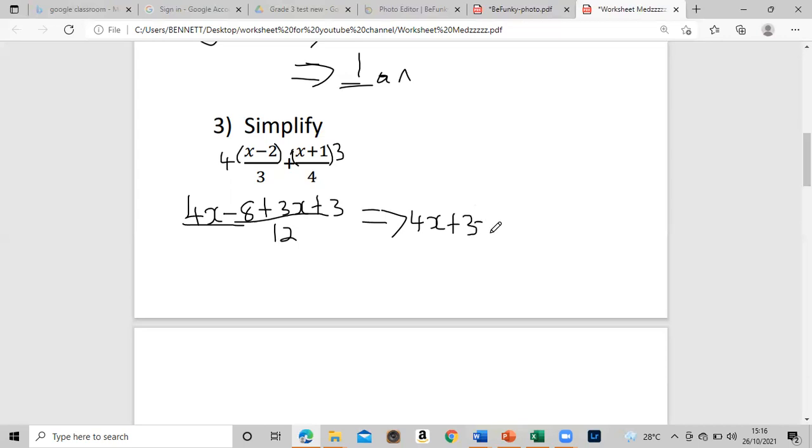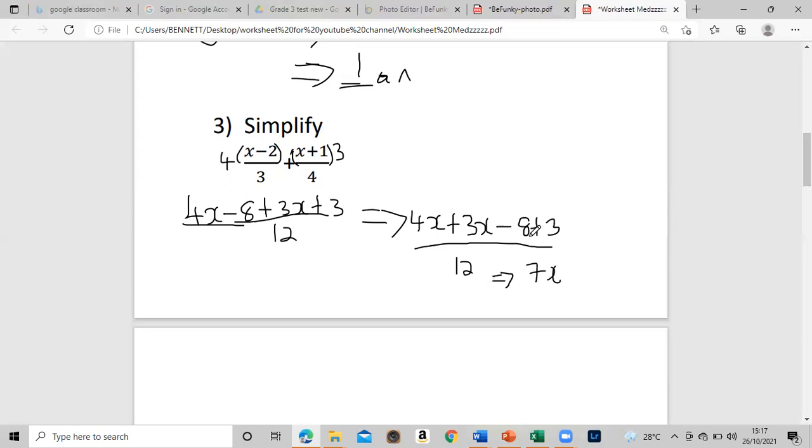So we separate them. So this is minus 8 plus 3. Alright, so now we have the like terms. We can simplify. So 4x plus 3x, these are the only like terms. So that's 7x.